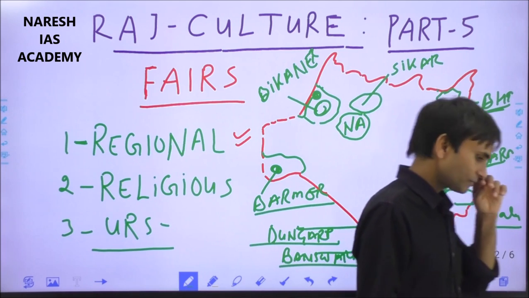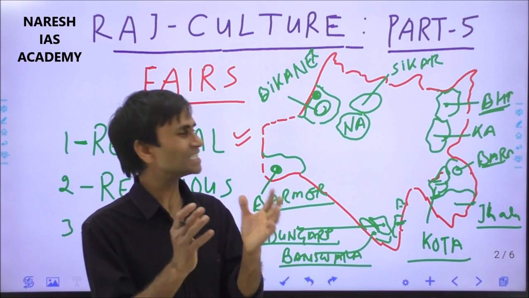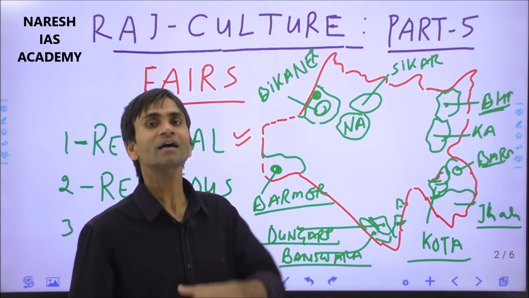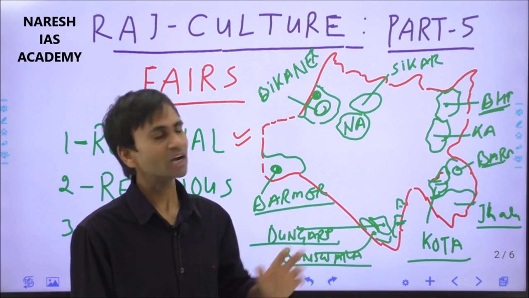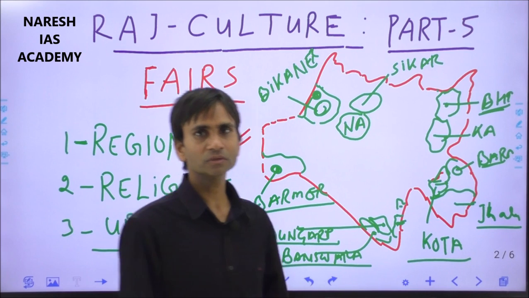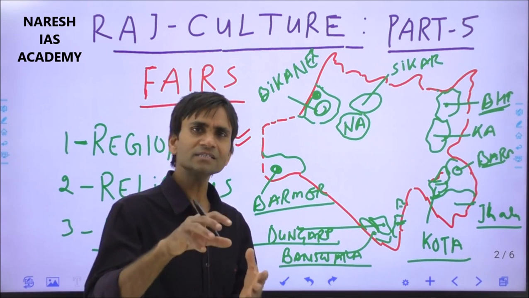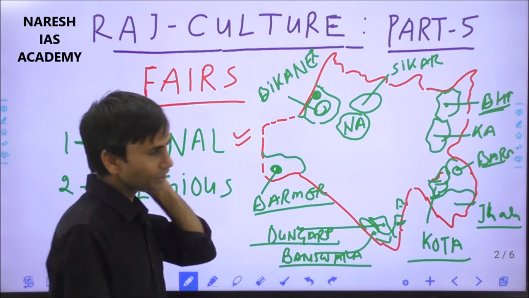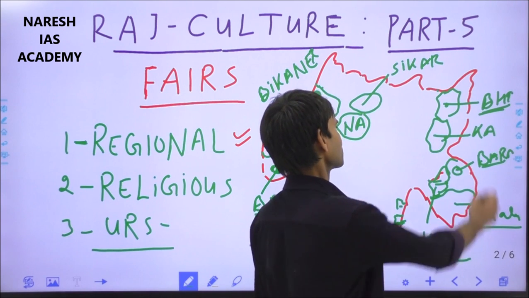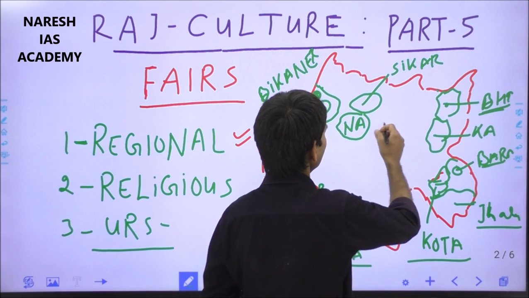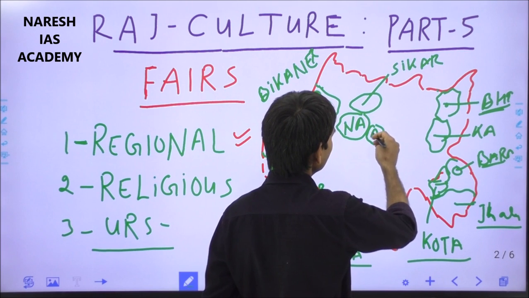The Kaladevi fair is famous for its crowd, due to which it is called the Lakhi Mela, or the fair of millions of people, where the Languria dance and Languria folk songs, a style of folk dance and folk songs, are organized during the fair.